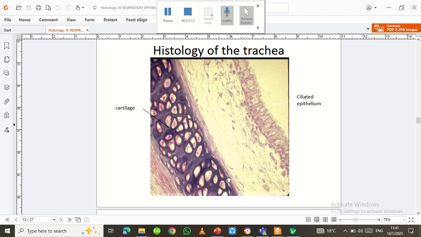You can see this layer of eosinophilic, dense, irregular connective tissue, and you can actually see these lacunae, right, with your cartilage, with your chondroblast and chondrocyte cells that will be surrounded by collagen type 2 fibers, right?